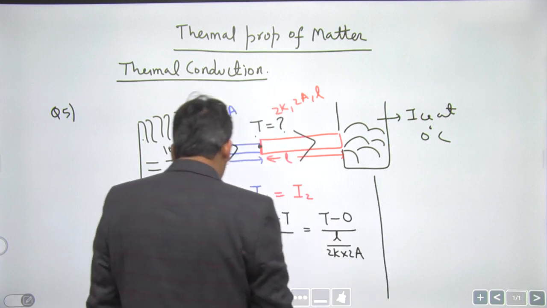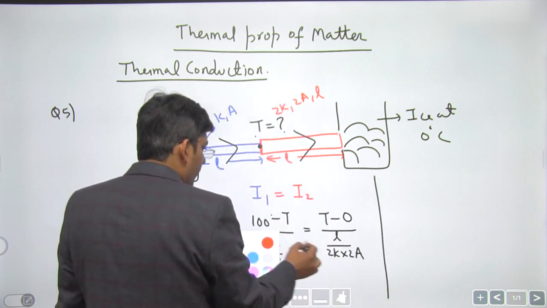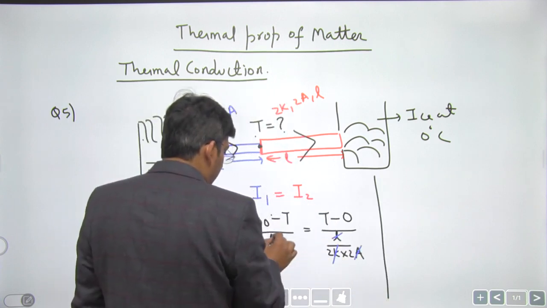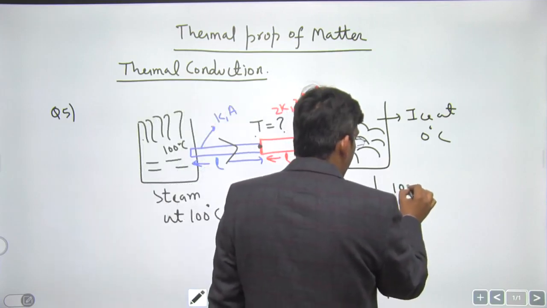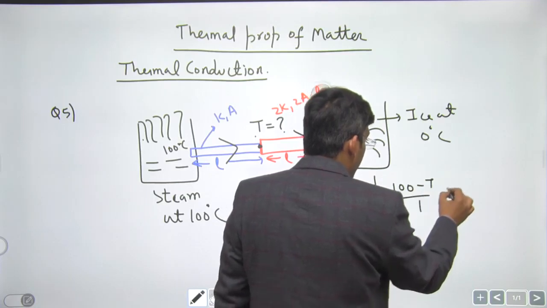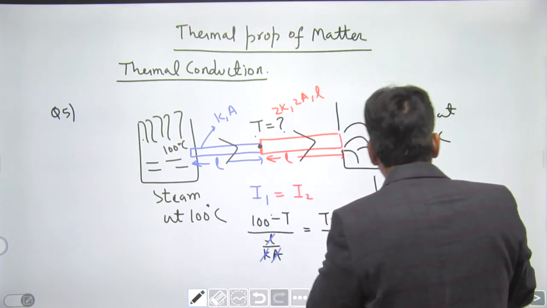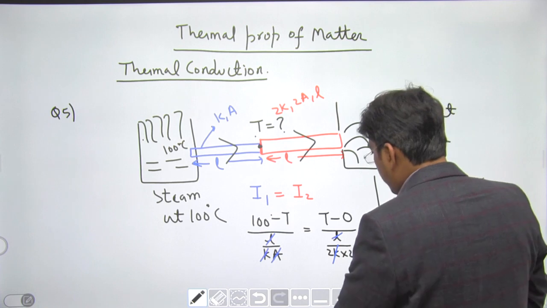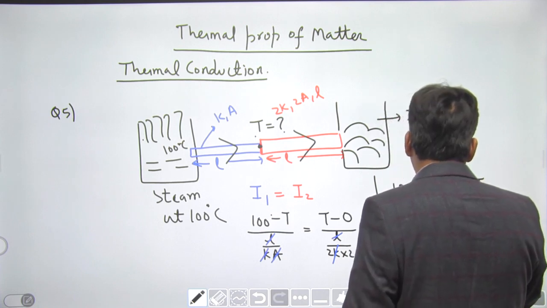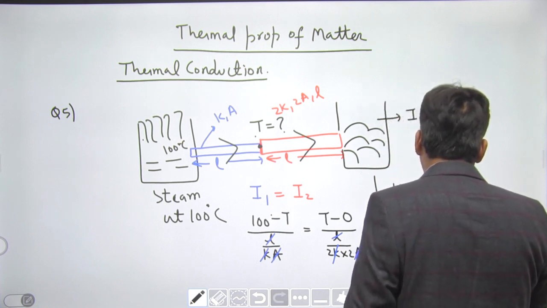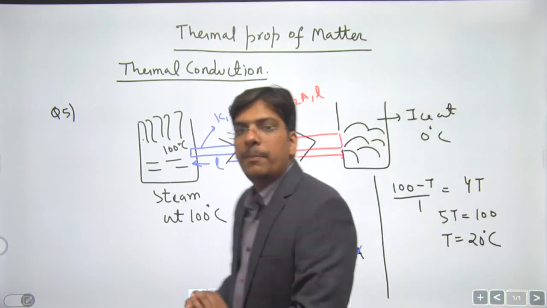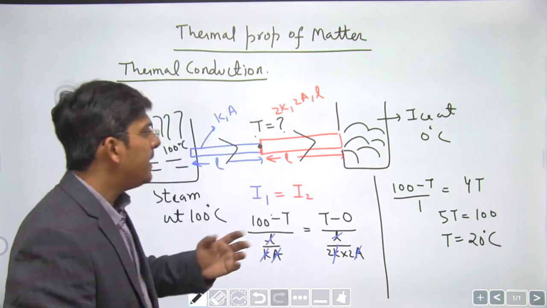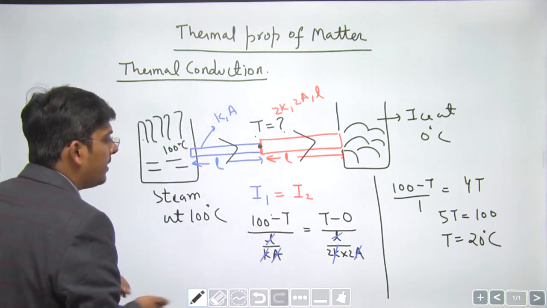We are going to cancel many things: L, A, K. The denominator of the left hand side becomes 1, and this becomes 4T. So 5T is equal to 100. We get the temperature of the junction as 20 degrees Celsius, dear students. Temperature of the junction here will be 20 degrees Celsius, right? Kindly note down, dear students.